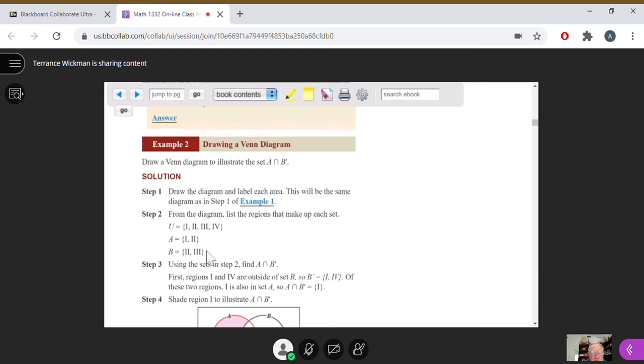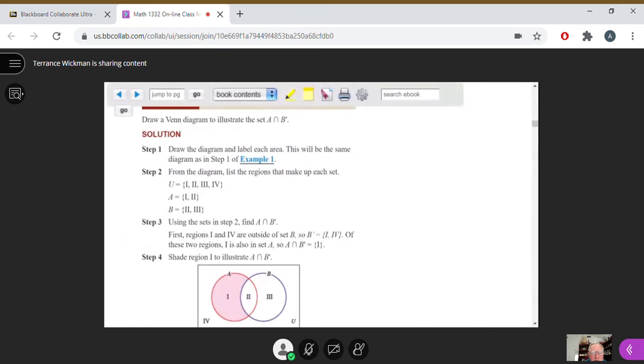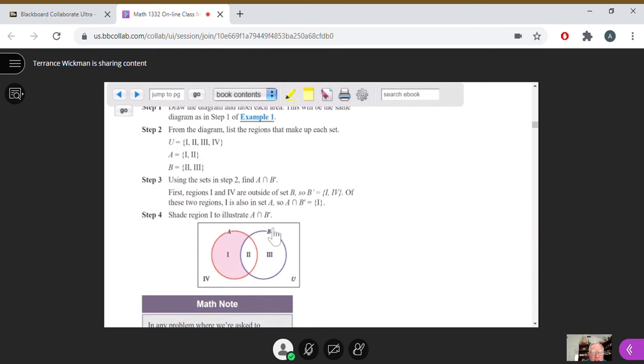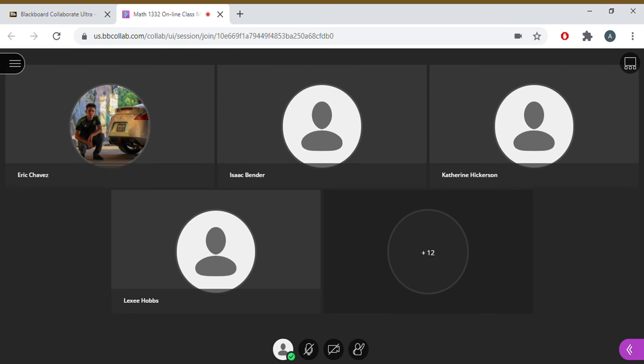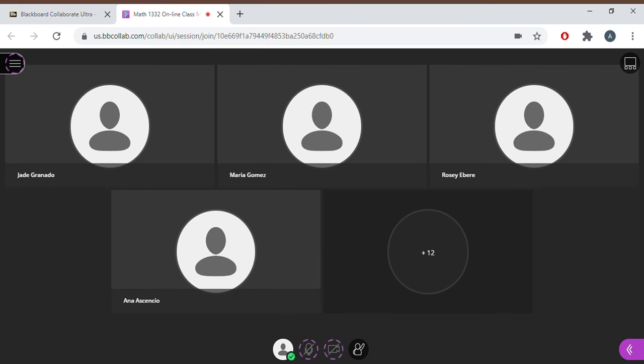They tell you what the universe is, they tell you what A is, they tell you what B is. And there's the solution finally in 3. And then they finally show A, and everything that's not in B is just the part that's shaded.